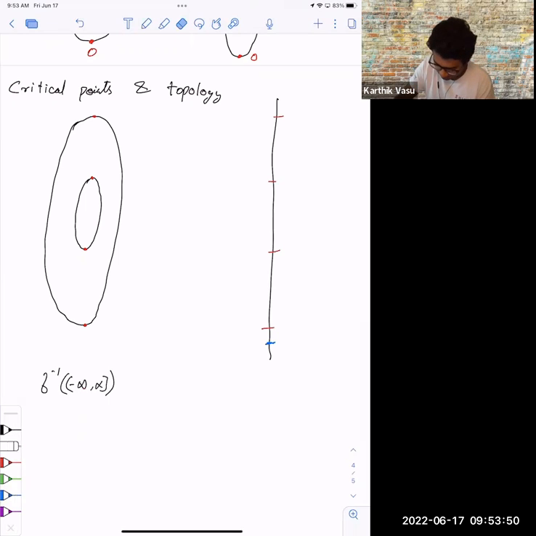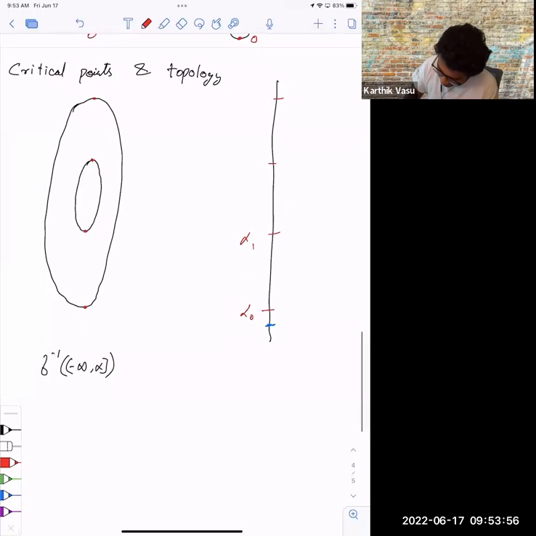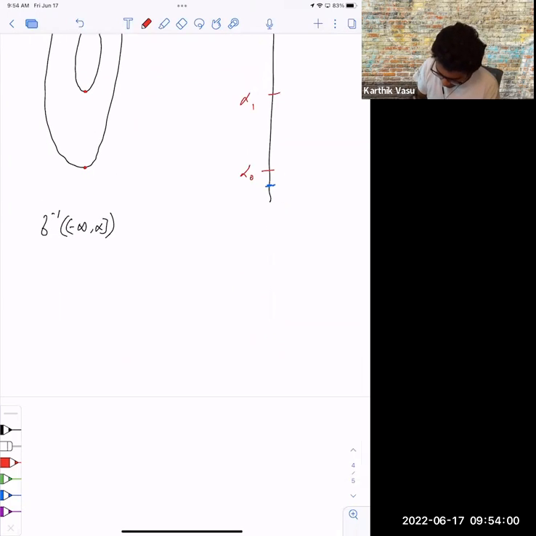If I had taken any point below this, I'll obviously have an empty set. Let's call this alpha 0. So below alpha 0, my set is empty.